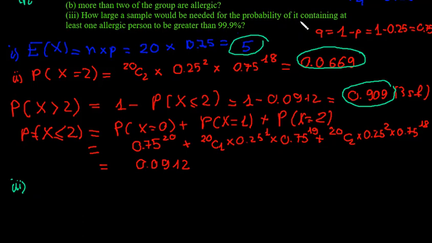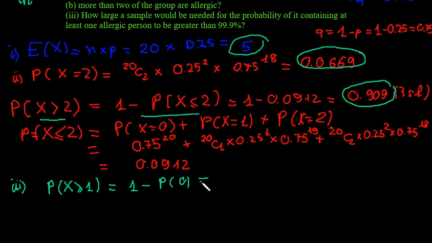Let's say that the sample contains at least one person who is allergic. So P of X greater than or equal to 1, at least one person, equals 1 minus P of X equals 0. Same method of thinking as before: these add up to 1.